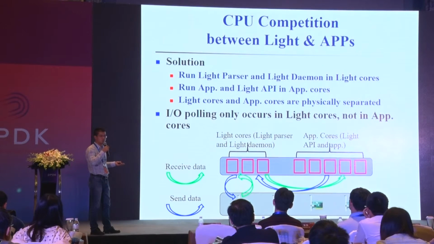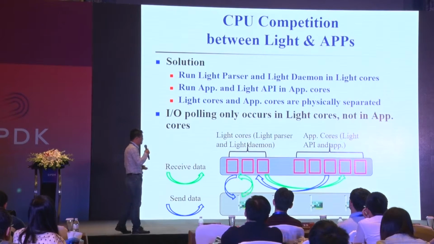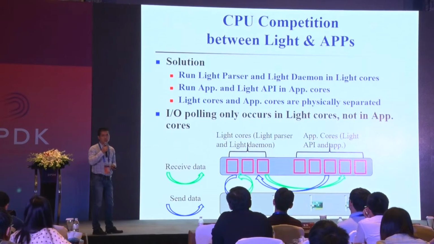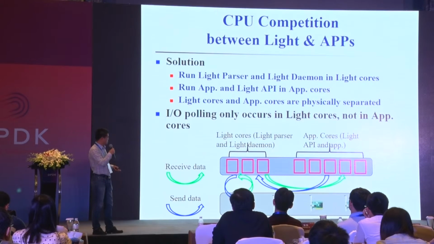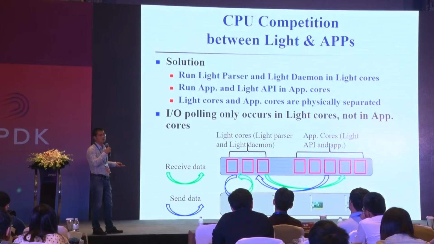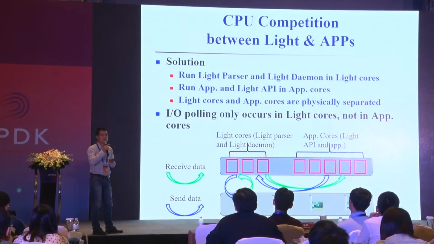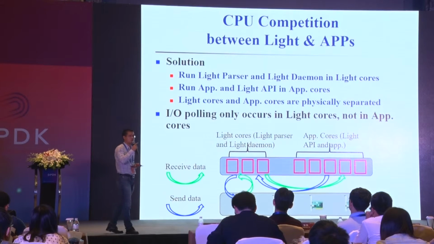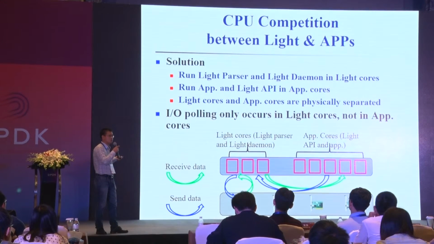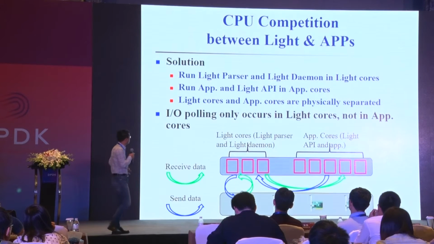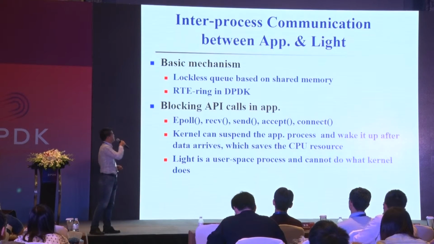And Light API and other things will run on another core, so that they will not be affected by polling. This means that when reading and writing the data, the net card will first get to the net core and then the application core. We believe there may be some conflict if we fully localize the data, but I believe this solution is a better arrangement.